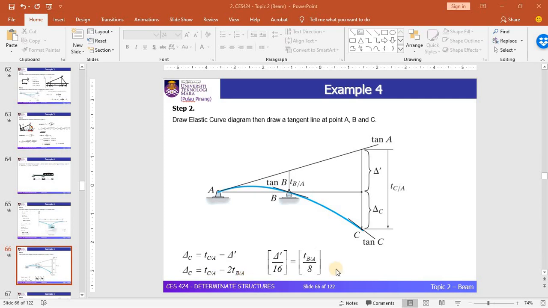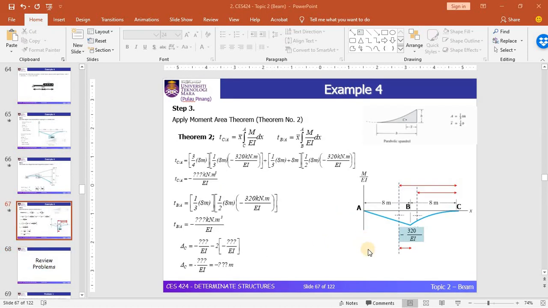The next slide will show how we can calculate those values. So this is a solution for the problem, where you can see that tCA and tBA can be calculated by using the second theorem. Let's look at tCA.